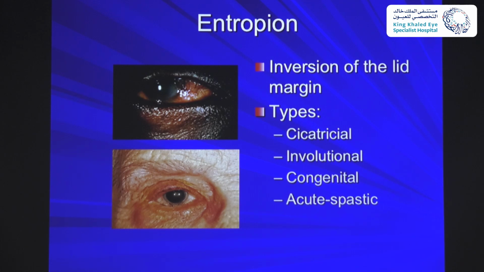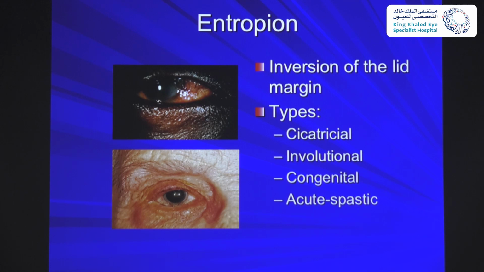Congenital entropion does happen, but we need to differentiate between epiblepharon and entropion. The main thing to help you in differentiating is, without touching the eyelid, to look at the lid margin. If the lid margin is normal, this is epiblepharon.